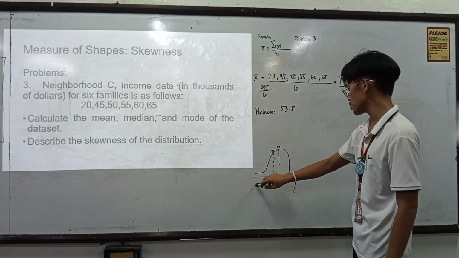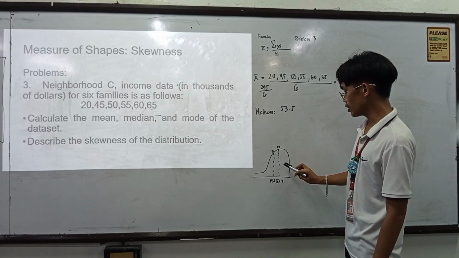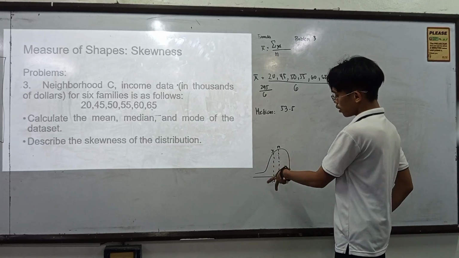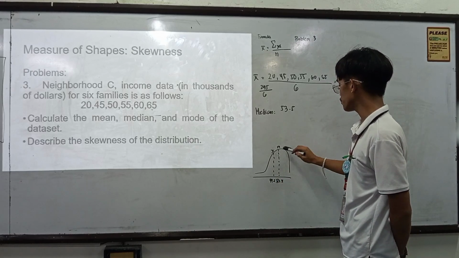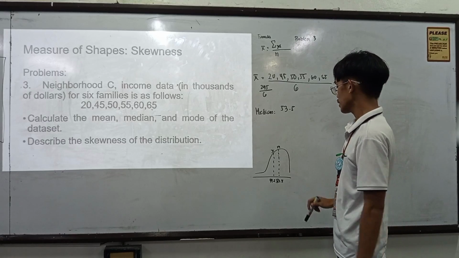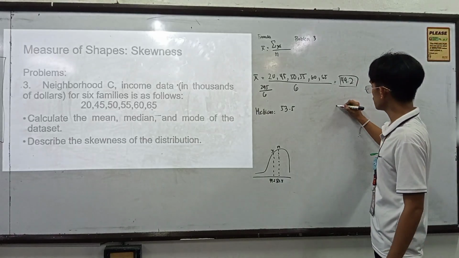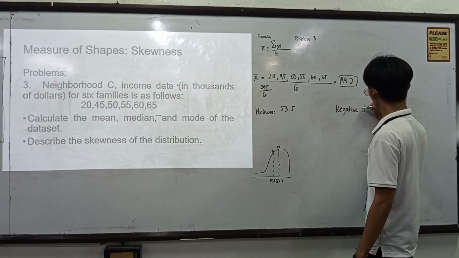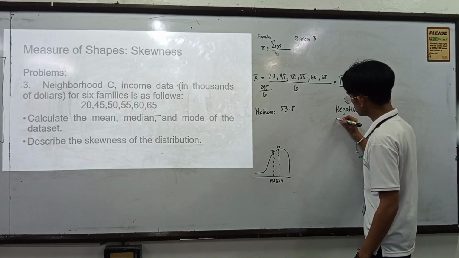Therefore, in a visual representation, the median is here, somewhere in the middle, and then your mean is somewhere on the left side because the value of the mean is lower than the value of the median. And that is an example of negative skew, or left skew.